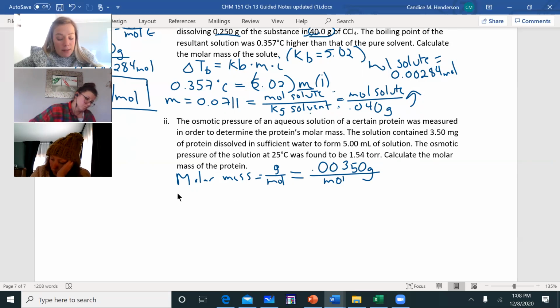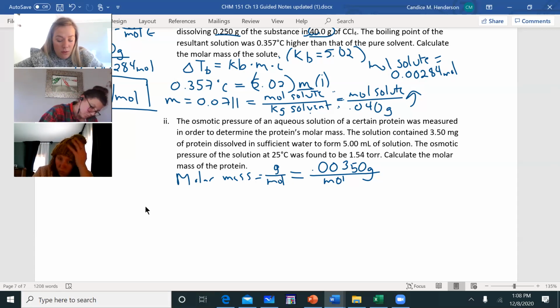So this is talking about osmotic pressure. I'm going to want to go with my pressure equations. And we had 2 of them, and really you could use either one.